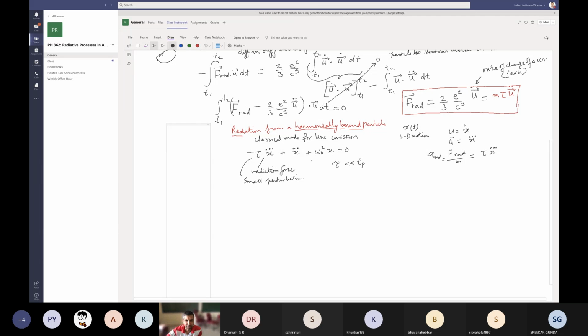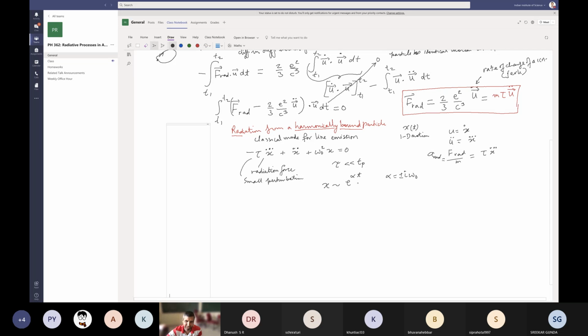So, if this is the dominant equation, we know how the solutions look. x is a function of time, so x goes like e to the alpha t, where to zeroth order alpha equals plus minus i omega naught.